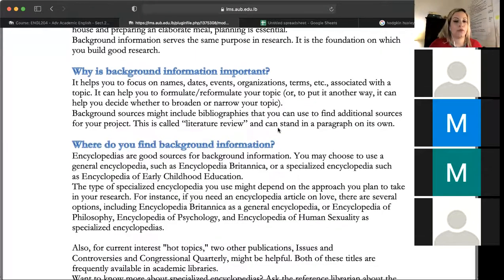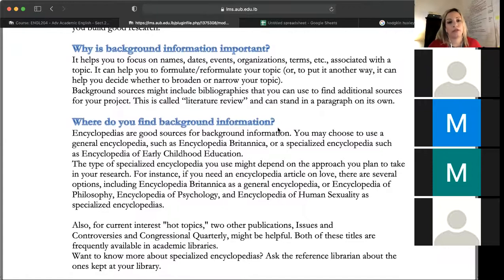That's the whole point. Where do you find background information? Encyclopedias are a good source where you can gather general information. Or sometimes such general information can also be obtained from the articles that you are looking at. They can provide you with some general information. Background information tells me where the idea started.